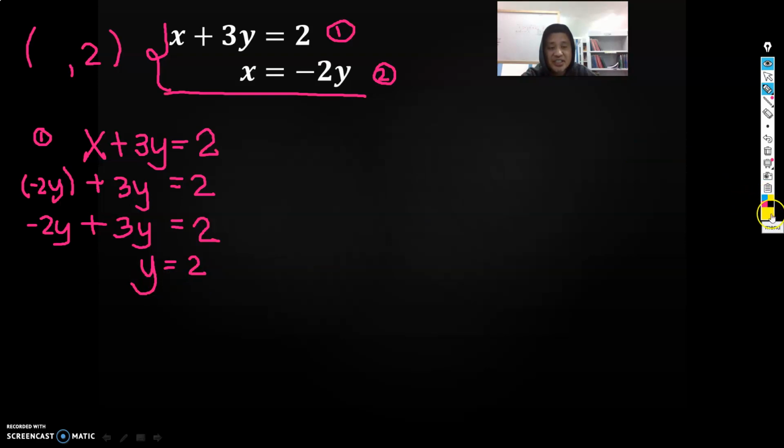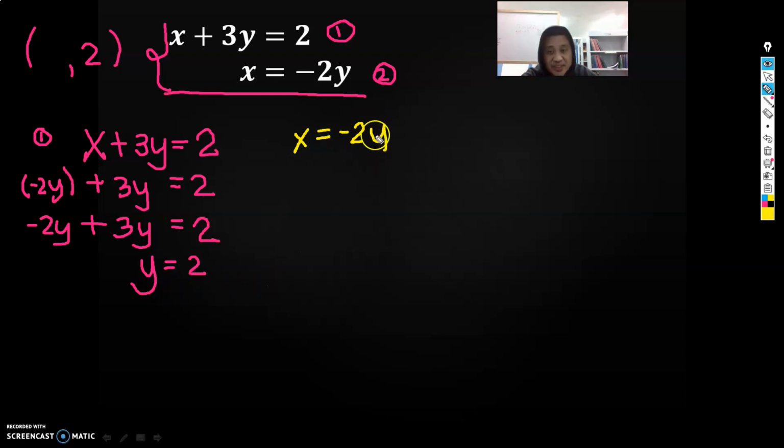So, how do we solve for the value of x? Okay, siguro, actually, pwede nyo gamitin either equation 1 or equation 2. Well, since ready na itong x is equals to negative 2y, edi lagay natin x is equals to negative 2y.